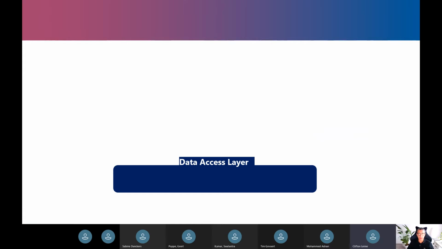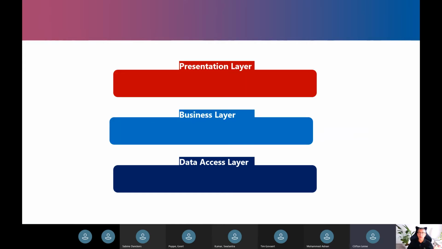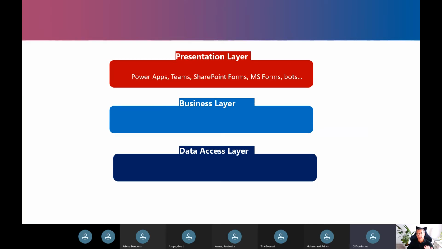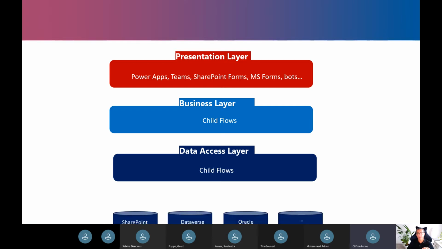I will give you more details about this. Then you have the presentation layer, where you put your UI and UX. Typically in the presentation layer, you have Power Apps, Teams, SharePoint Forms, Microsoft Forms, and bots. In the business layer, you have child flows, and the same for data access layers. But again, I usually merge the business layer and the data access layer.